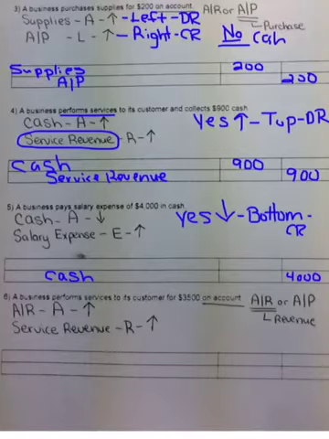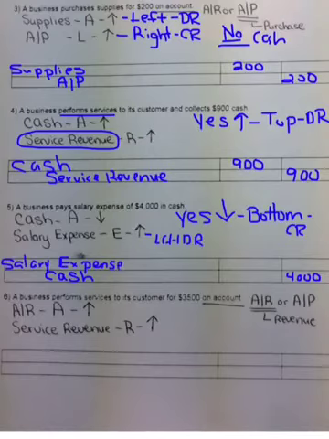Now why? Because it was a salary expense. Remember that when expenses increase, they increase on that left side. They are a debit. So it does follow exactly what it would have if I had done the entire analysis. Again, I don't have to because I do have my cash cheat.